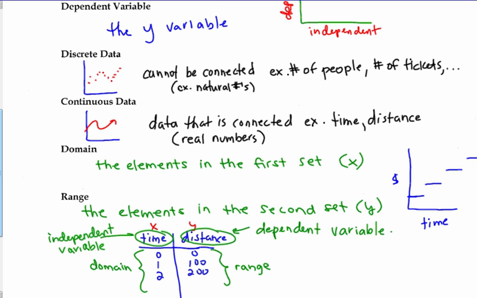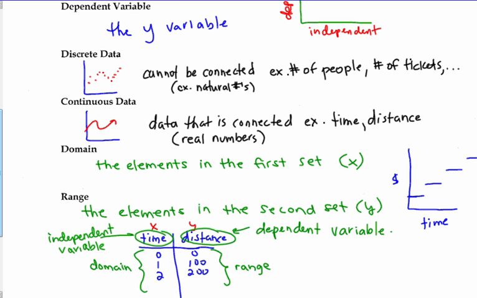You pay $1. Anytime from 0 to 59 minutes, I pay $1. Right? And then the 2-hour interval, I pay $2. It doesn't matter if I'm there for an hour and 1 minute or an hour and 59 minutes. I still pay $2. So that's an example of a step function, and that would be discrete data, right?